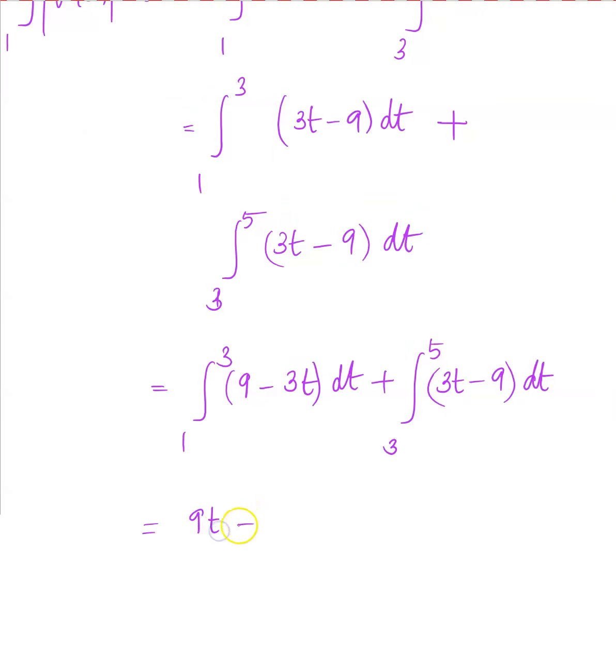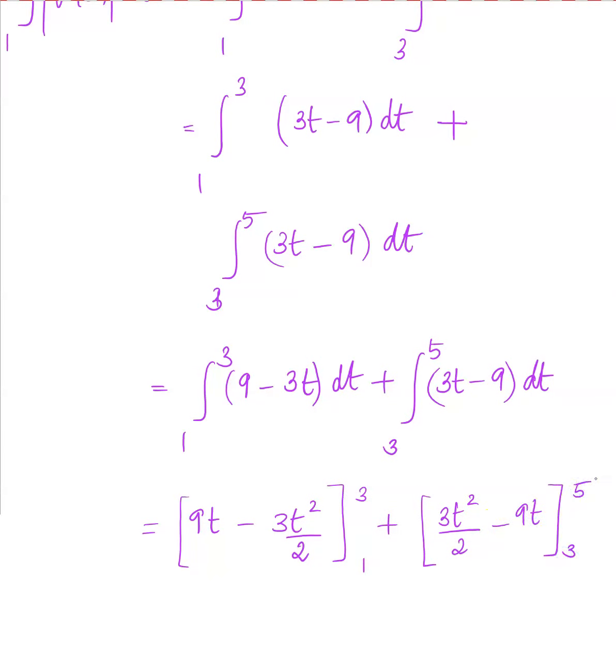So that's 9t minus 3t squared over 2 from 1 to 3, plus 3t squared over 2 minus 9t from 3 to 5. Notice that because we did the negative of v of t and positive of v of t, we didn't have to do the absolute value because this will take care of it.